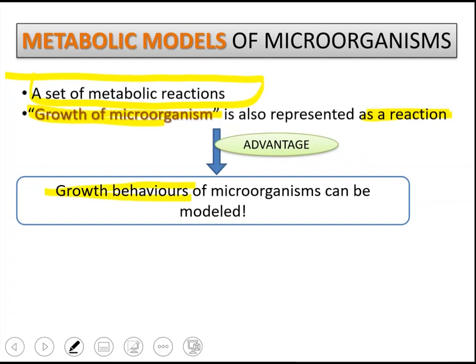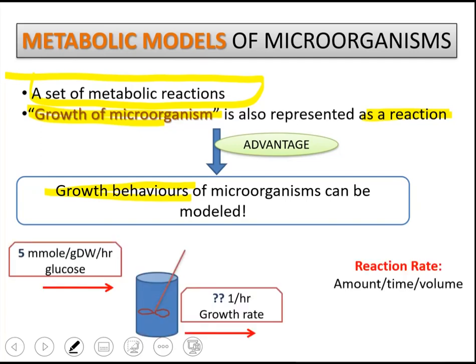How we will do this, of course, we will talk about within this course in the coming weeks in a very detailed way. But incorporation of a biomass reaction enables you to simulate growth behavior of microorganisms. So let's say you have your fermenter, you are growing your microorganism here, you have already put some glucose inside.